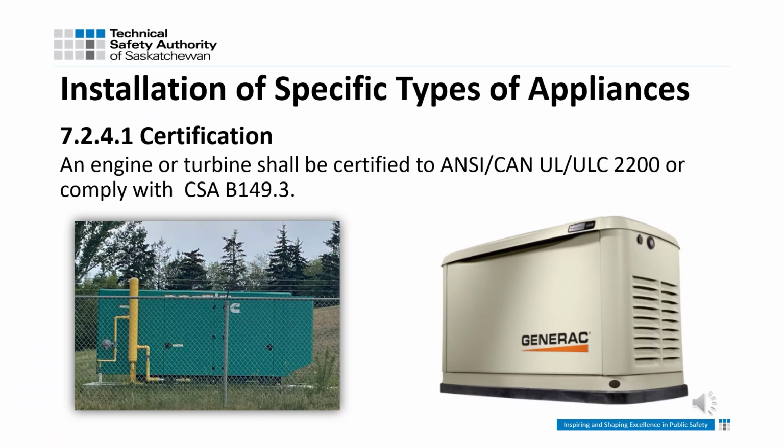7.2.4.1. Certification falls under the larger section of 7.2, generators, compressors, pressure boosters, engines, and turbines. This clause simply states that an engine or turbine shall be certified to ULC 2200 or comply with CSA B149.3. Check your rating plate on the equipment for the certification before installation.